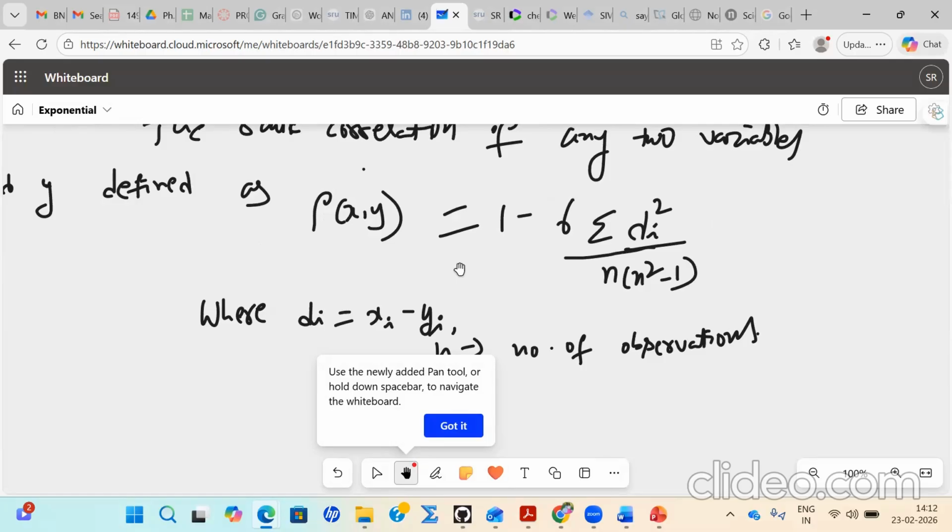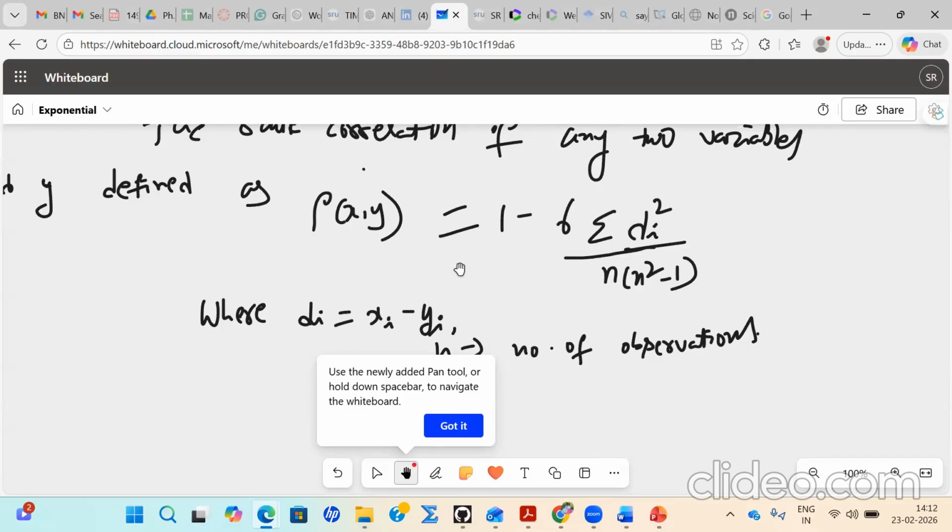Let us assume two candidates have the same marks. Then how will you allot the rank? If you give rank 1 to him, the other will fail. If you give rank to the other, he will fail. So in those cases, how will you tackle it? To tackle those situations, we have a repeated rank correlation formula, which we are going to discuss now.